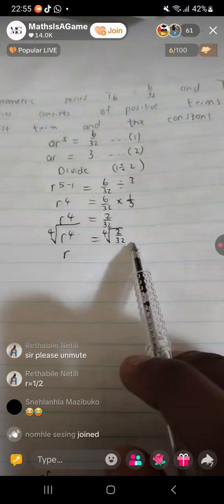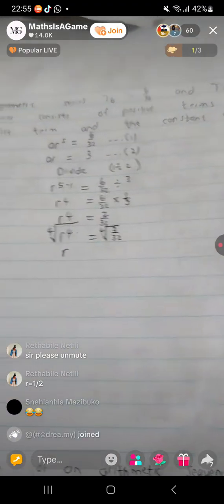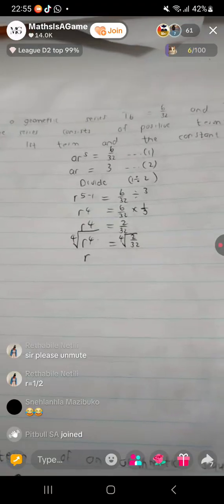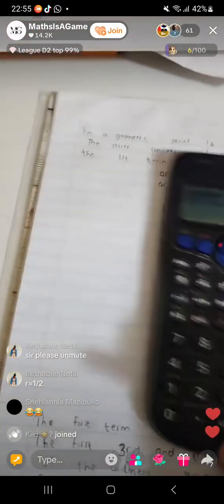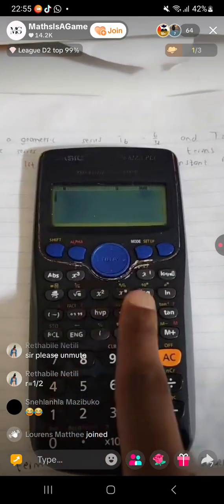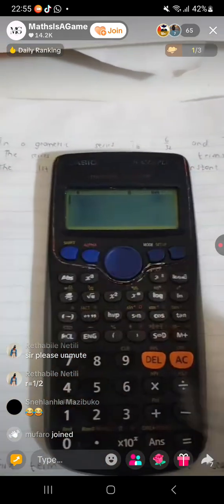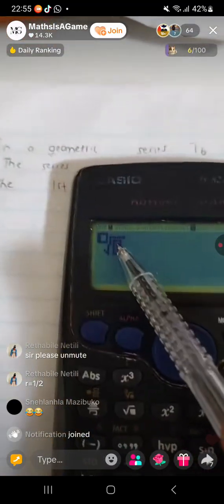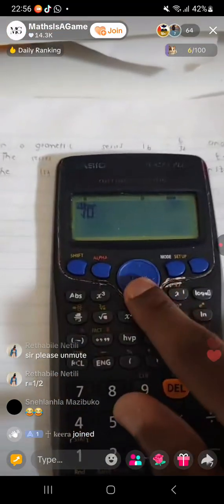Yes, we say the fourth root of 2 over 32. So let's go to our calculator and type the fourth root of 2 over 32. We press shift, we choose that button so that we have 4 there.